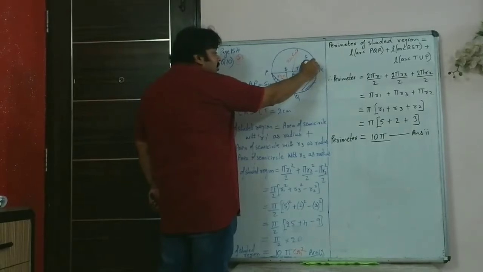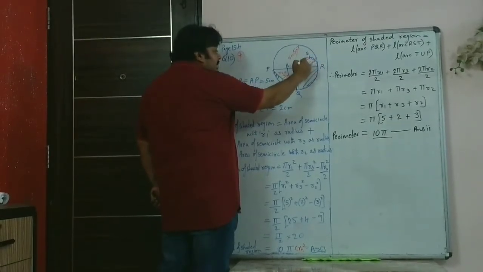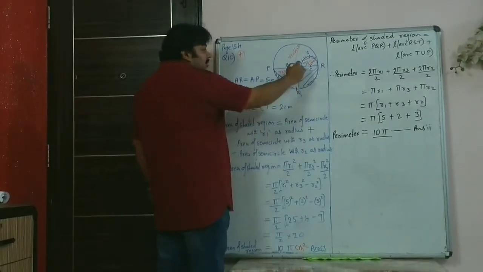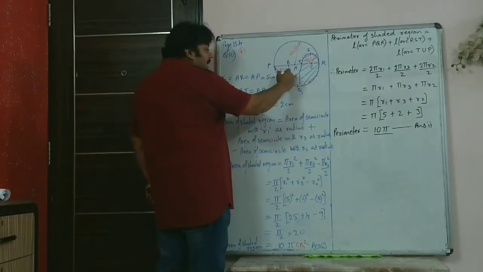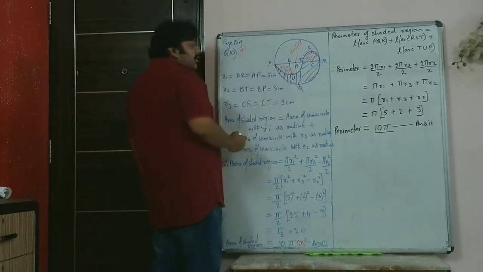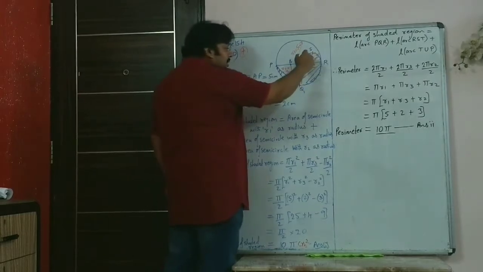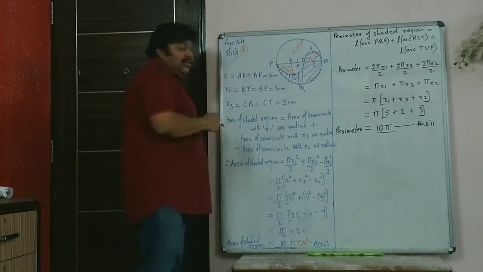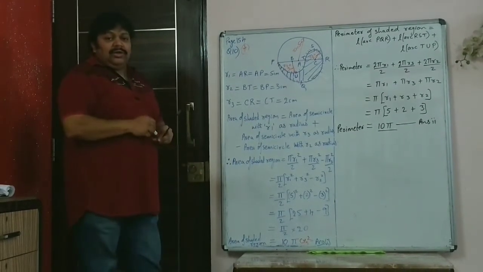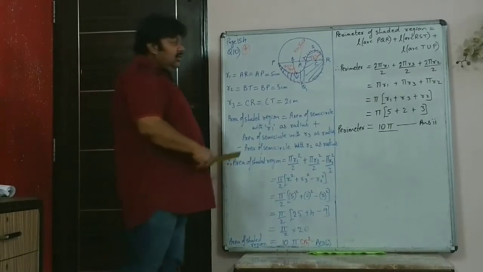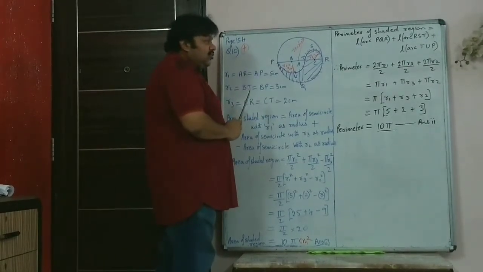Then from R you will reach S and then T. And then from T you have to come back to the point P. So you haven't repeated a single path twice.